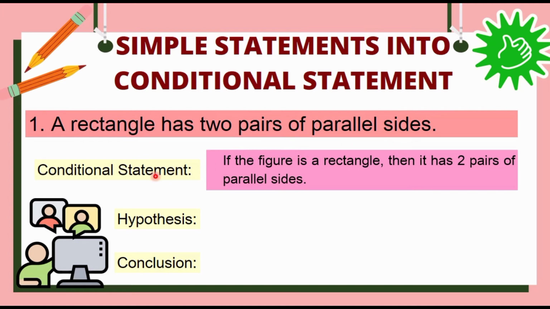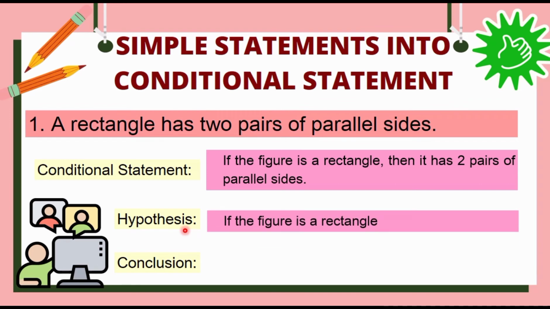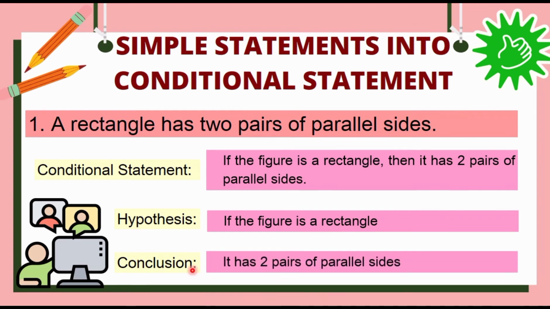Now, from our conditional statement, let us identify the hypothesis. The hypothesis is the if part and the conclusion is the then part. So our hypothesis here is, if the figure is a rectangle, and our conclusion here is, it has 2 pairs of parallel sides. So that is example number 1.